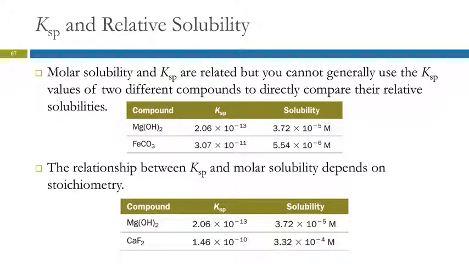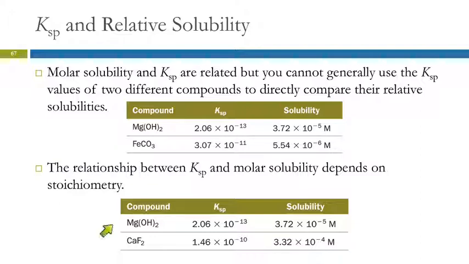The reason is stoichiometry. When this one dissolves, it forms 3 ions. When this one dissolves, it forms 2 ions. So the KSP expression is different, and that affects the molar solubility relative to the KSP.